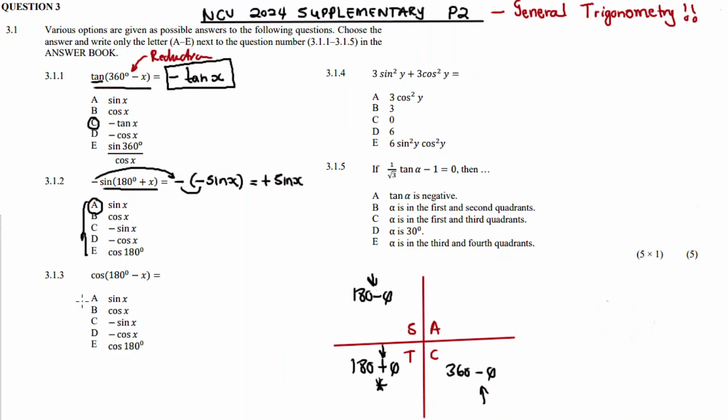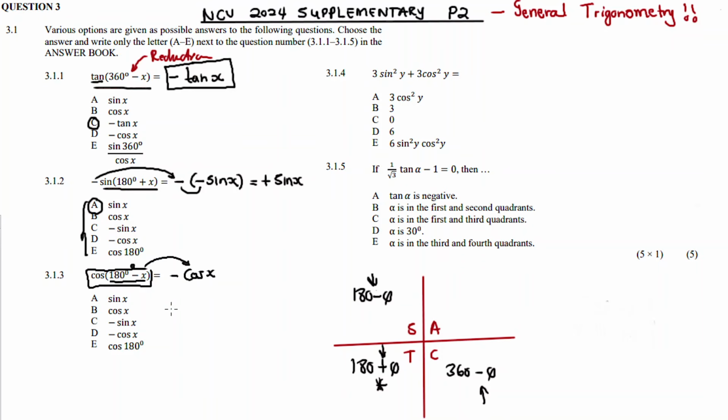Another reduction formula in 3.1.3, cos(180° − x). Where is this found? In the second quadrant. In the second quadrant, there's only one ratio that is positive, that is sine. Everything else is taken as negative. So the answer here is going to be a minus cos x. This is the resolution to this expression.